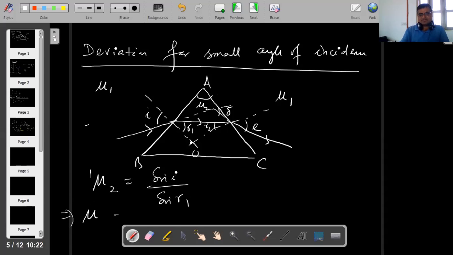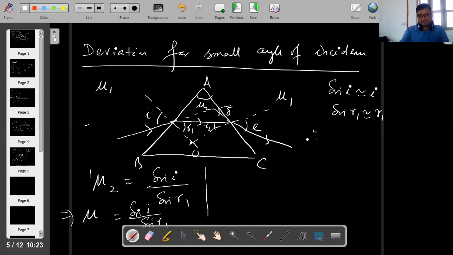This implies mu is equal to sin I by sin R1, where mu is the refractive index of the prism. Write down: as the angle of incidence and refracted angles are very small, therefore sin I is nearly equal to I, and sin R1 is nearly equal to R1.